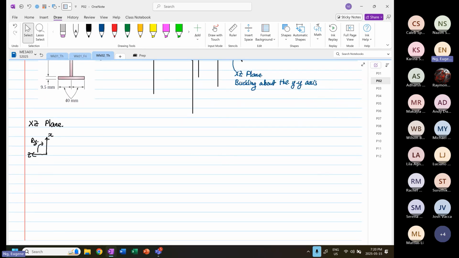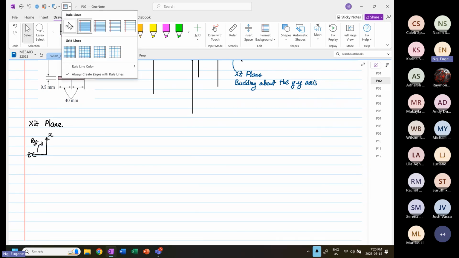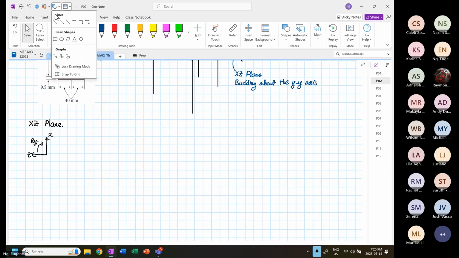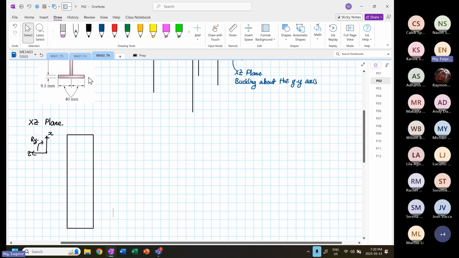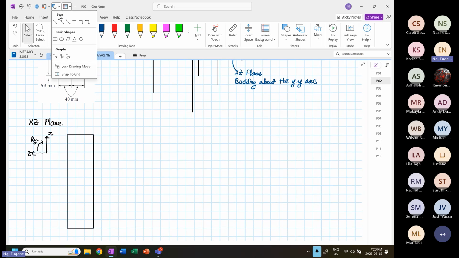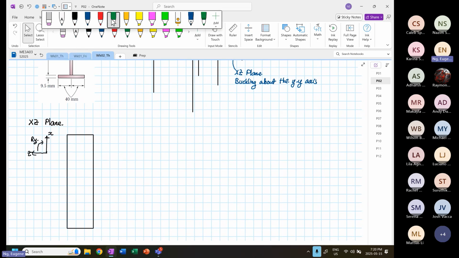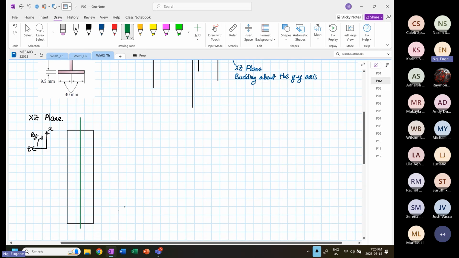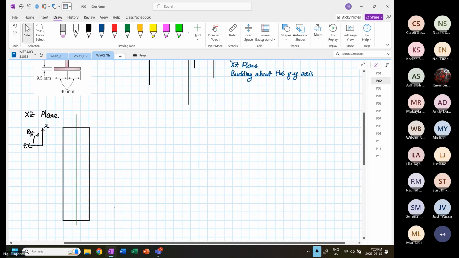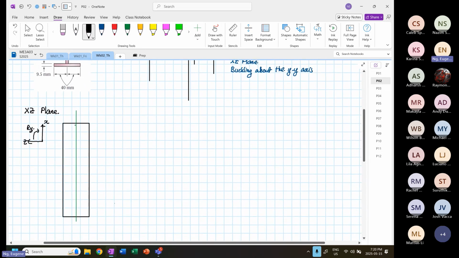Okay, so I'm gonna use a different color. Okay, and then we have our geometric centroid. And because it's an I-beam, right, we are going to see some hidden detail. This is the web.